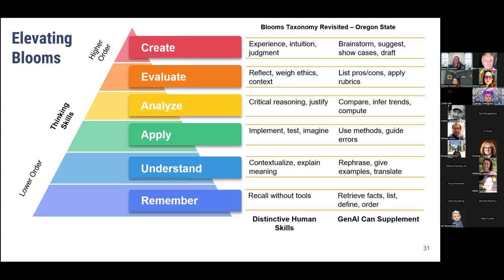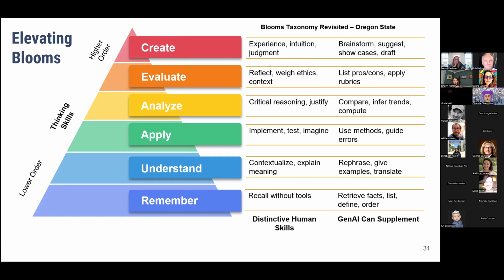So if the human skill was recalling without tools, then generative AI could help supplement that by retrieving facts, by listing and defining and ordering, right up to a higher order like evaluate, where if the distinctive human skill was to reflect or to weigh ethics or context, you could use generative AI to supplement that by listing pros or cons or applying rubrics. And that was kind of where it stopped then.